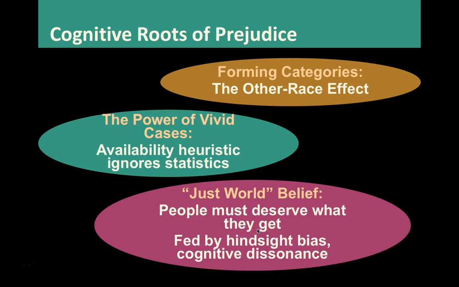Well, you know what? They must deserve their fate, because otherwise, how can we explain it and still believe in a just world? So people must deserve what they get, fed by hindsight biases, fed by cognitive dissonance, as we've seen in the previous face-to-face lecture, to justify these inconsistencies.